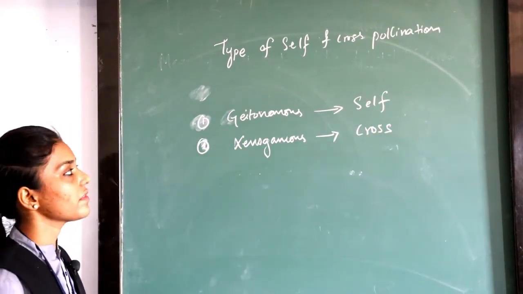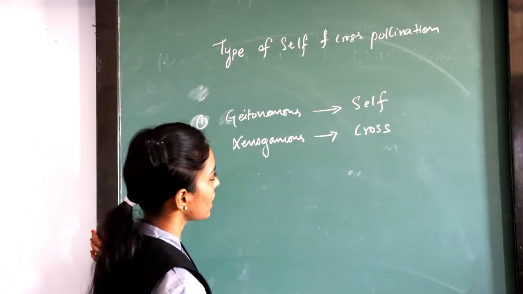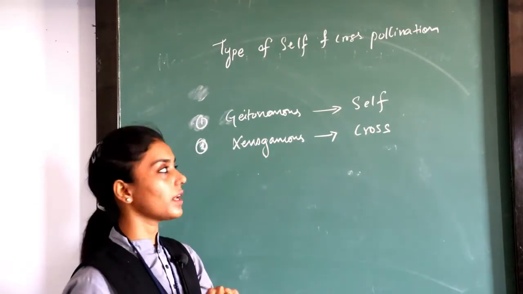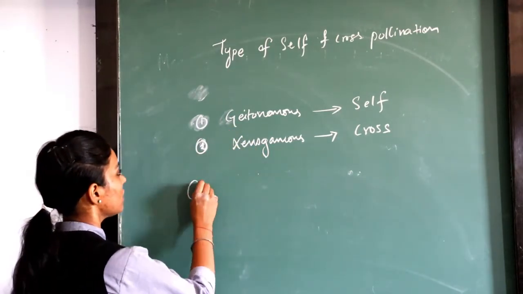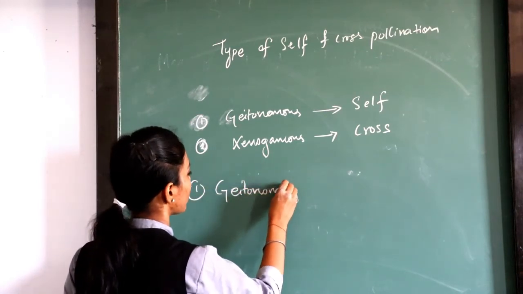One more type we have in self pollination, wherein the transfer of pollen grain will be from the anther to the stigma of the same plant. First we will see geitonogamos or geitonogamy.